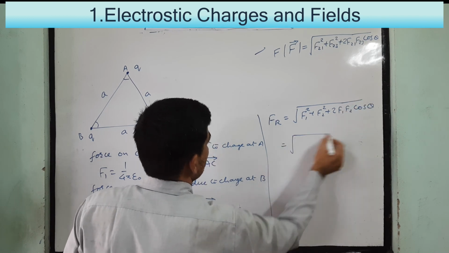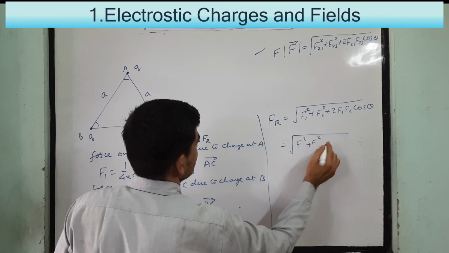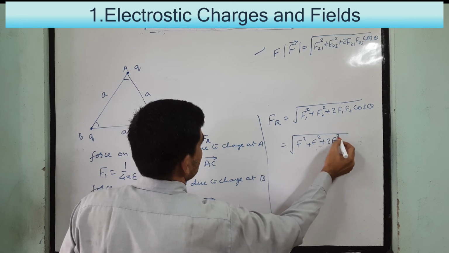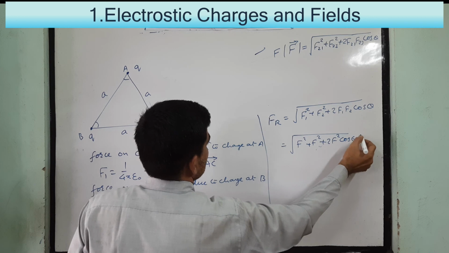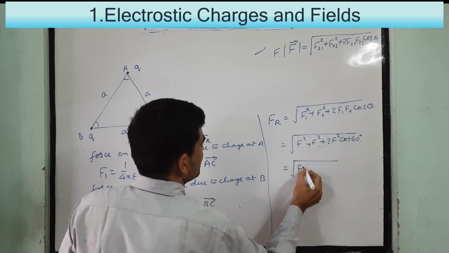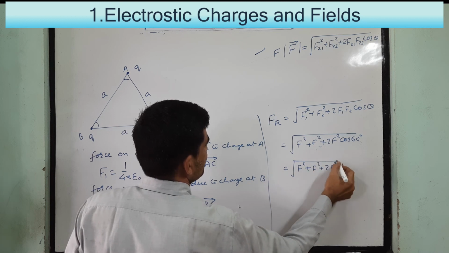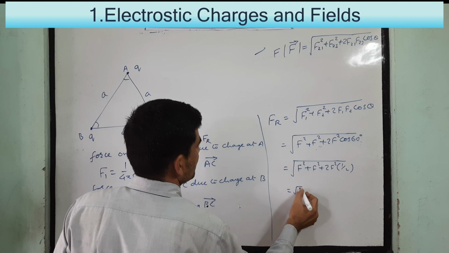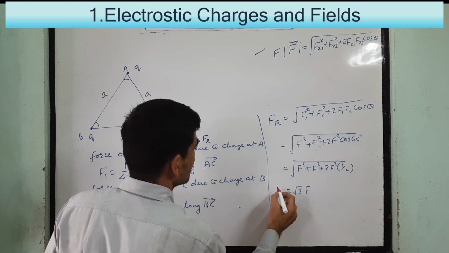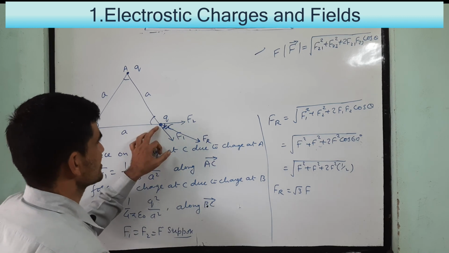Here F1 is F and F2 is F, and cos 60 degrees is 1 by 2. So we will get root 3 times F. That is the resultant force on the charged particle at C.